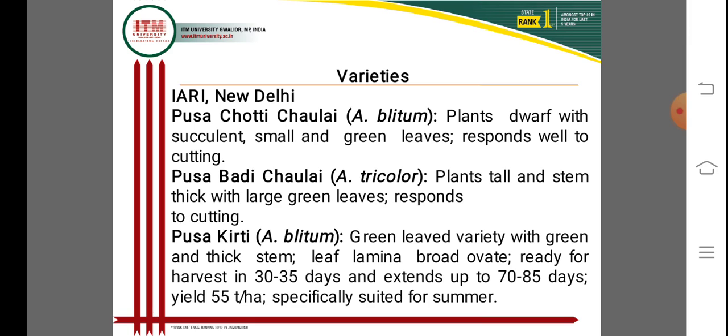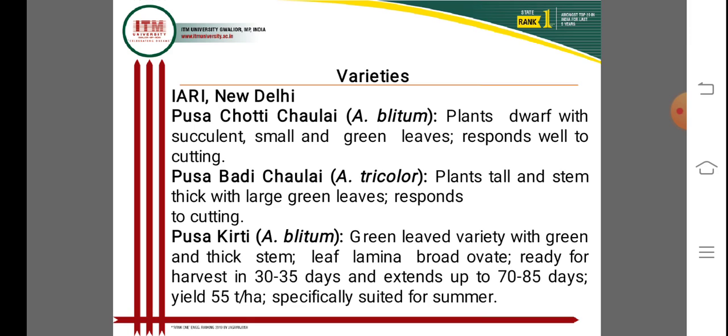The next one is Pusa Badi Chaulai. Chhoti Chaulai is from Amaranthus blitum, and Badi Chaulai is from Amaranthus tricolor. The plants are tall, with thick stems and large green leaves.